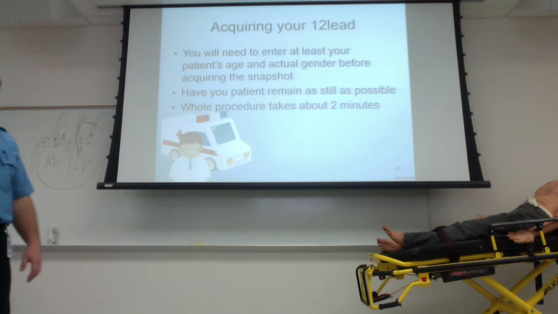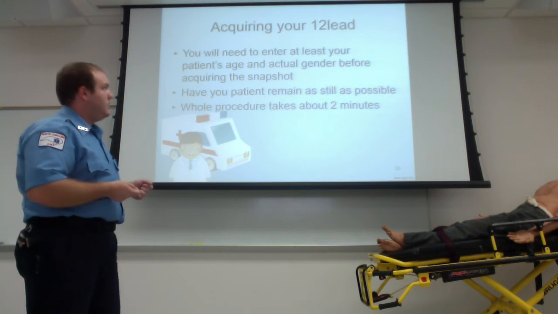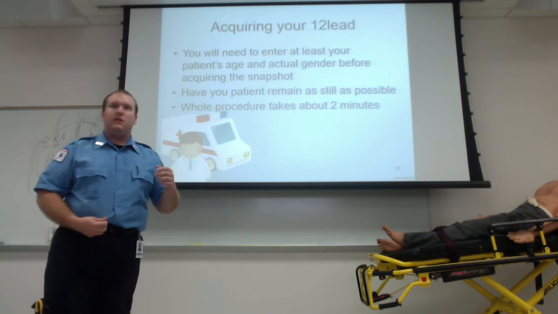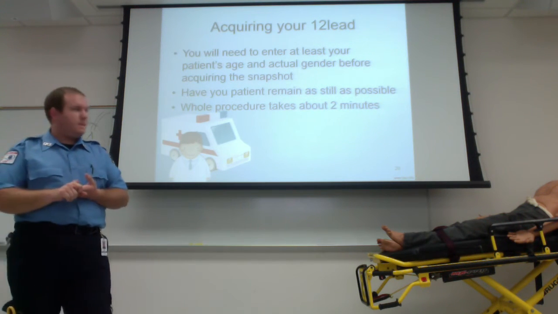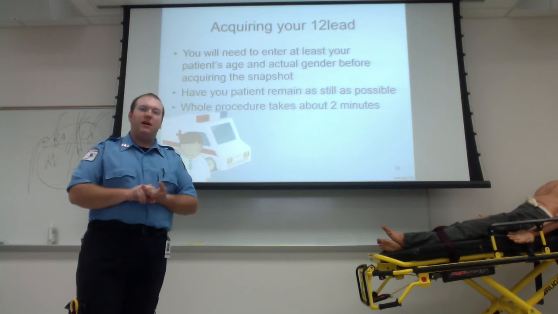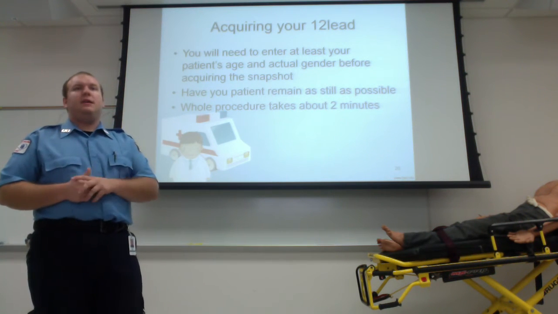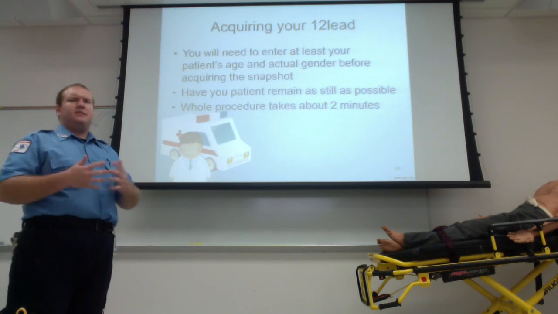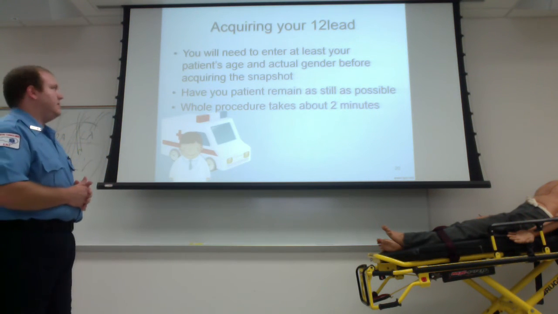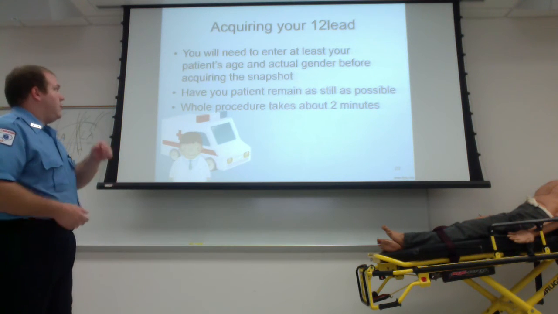Now, once you have your placements made of your wires, you will go on to acquiring your 12 lead. This is where you will put your information in the monitor, acquire it, and be ready to transmit it to the hospital or to your other medic crew coming, whoever is the most important one that can make that decision of where that patient needs to be taken.